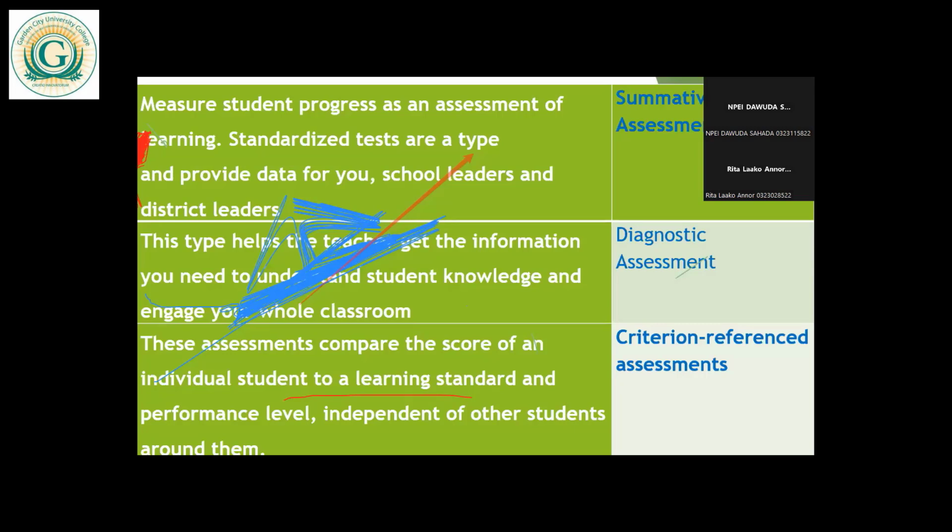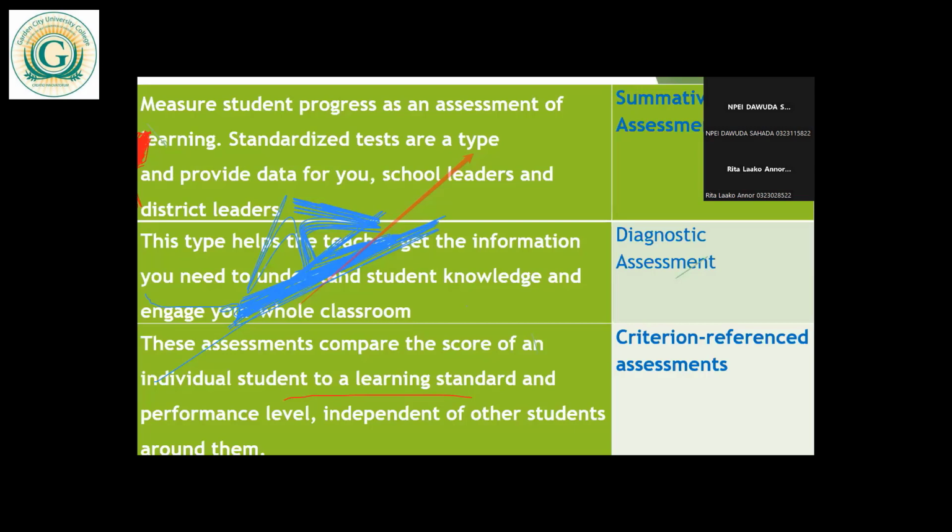So in criterion, your performance is not measured against other students' performance, but rather only against the specific standard we have, whether you are able to meet it or not. So that's the difference that I want you to get.